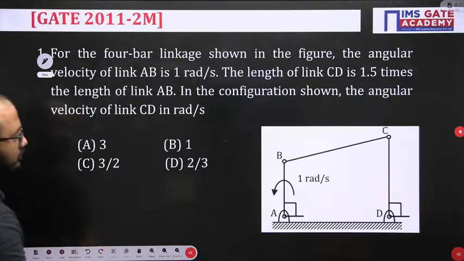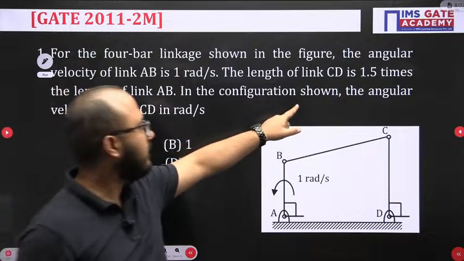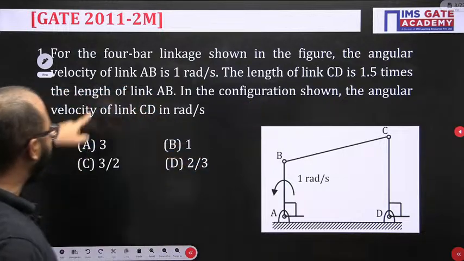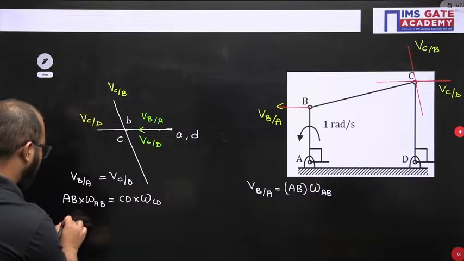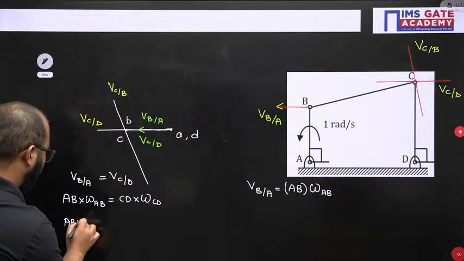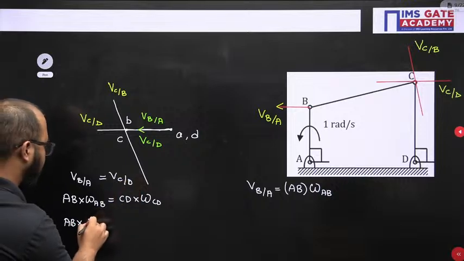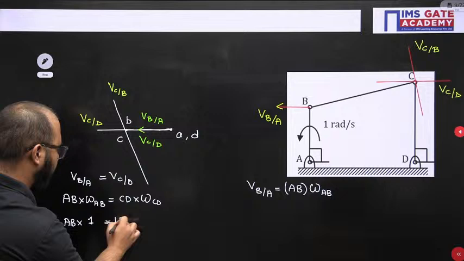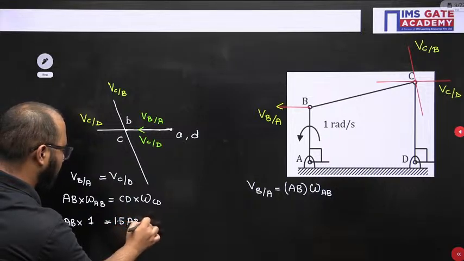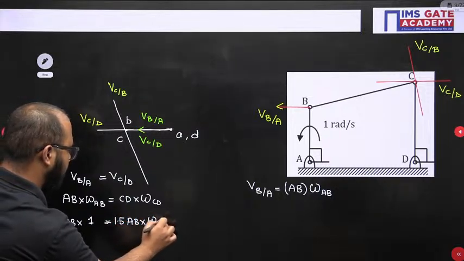And if you see the question here, they have given one relation: link CD is 1.5 times of link AB. So AB, I will write as it is. Omega AB was given as 1 radian per second. CD is 1.5 times AB, multiplied by omega CD.